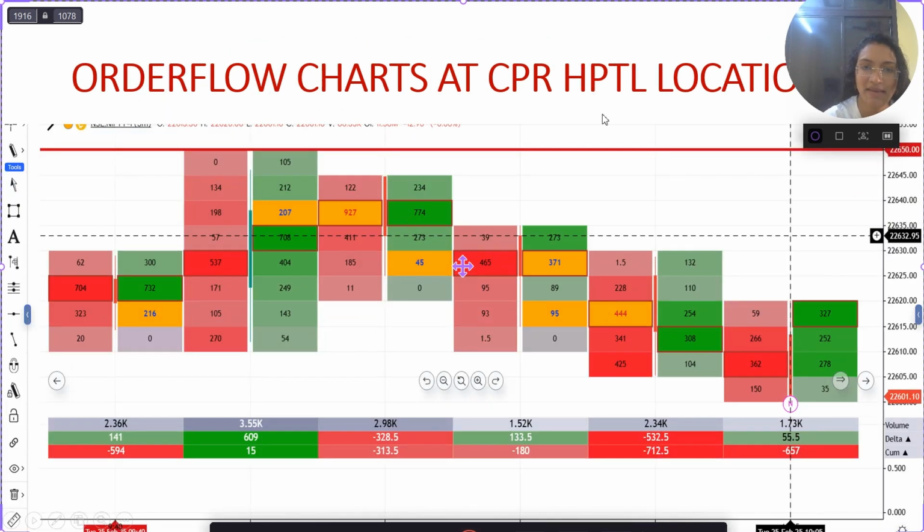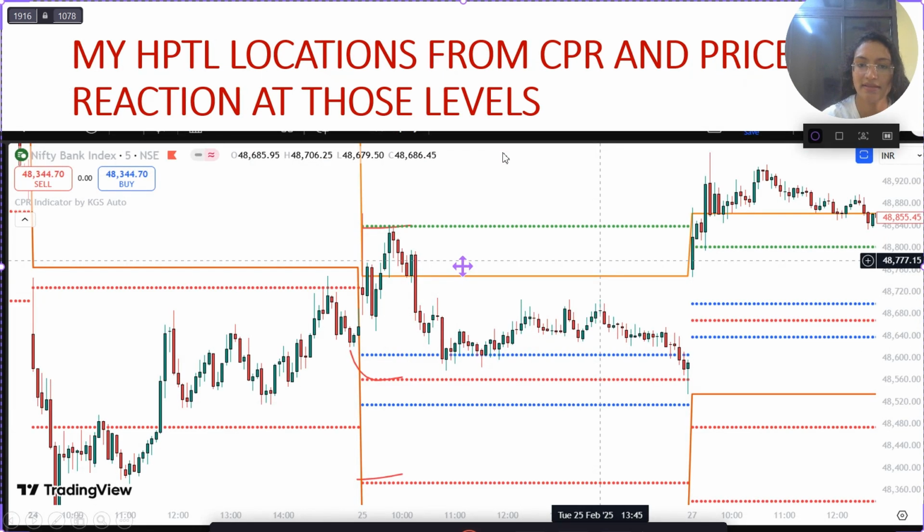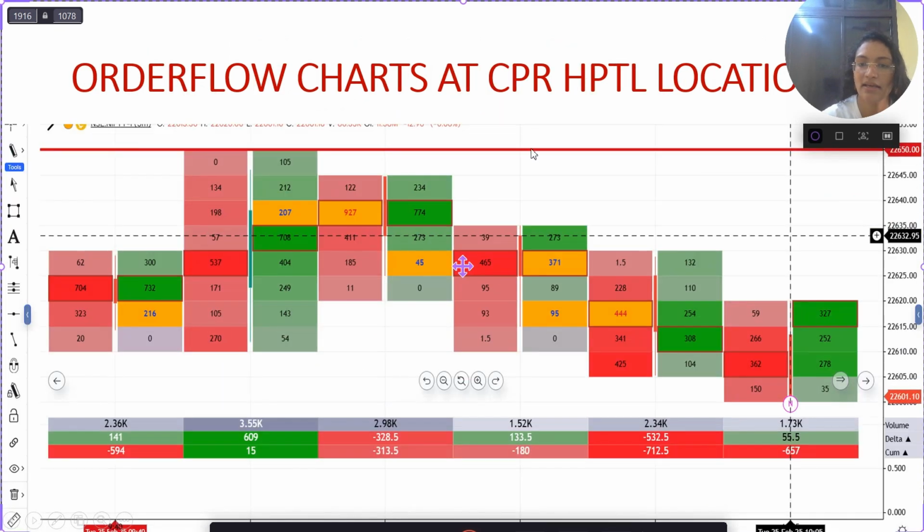This is the same resistance level as this. This is the level that I have marked in the order flow chart. This same level I have been watching here, and I also explained it to you earlier.